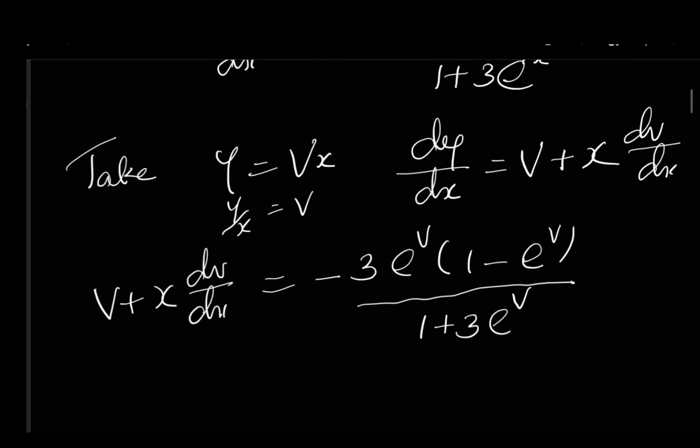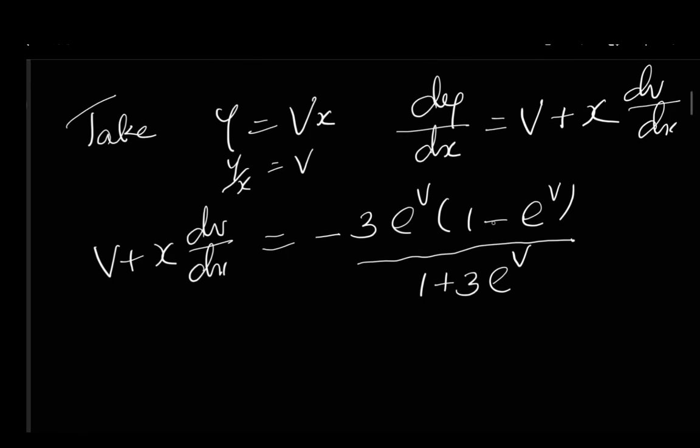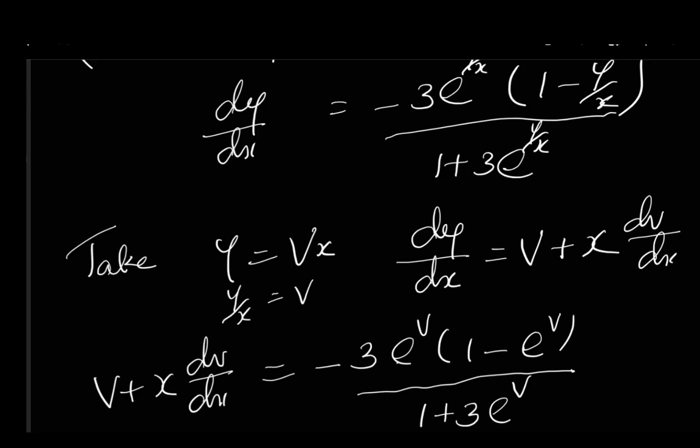Here, let me take off this minus. So this is minus 3e^v into 1, so minus 3e^v, and minus into minus gives plus 3v e^v.